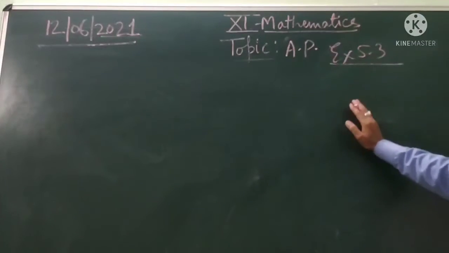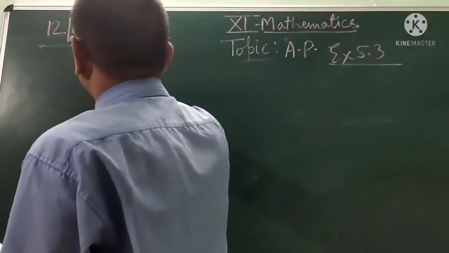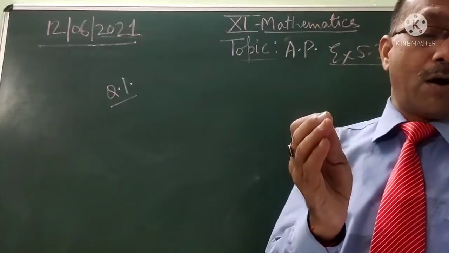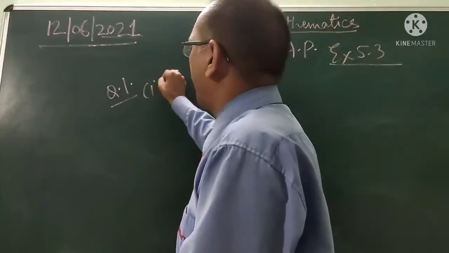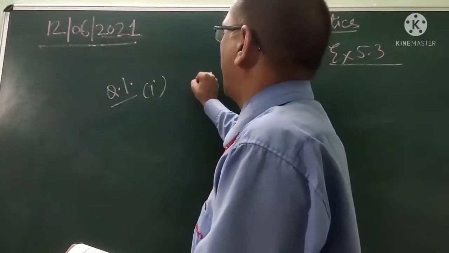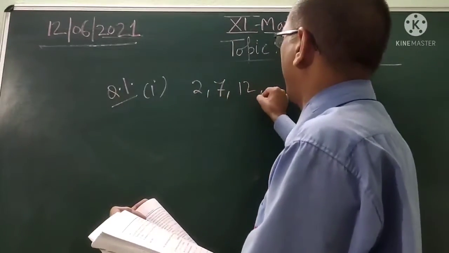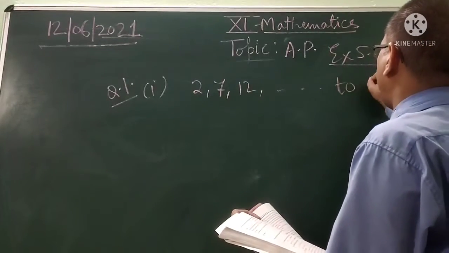Student, now exercise 5.3. Question number 1. Find the sum of the following APs. First part, here the AP is 2, 7, 12 up to 10 terms.